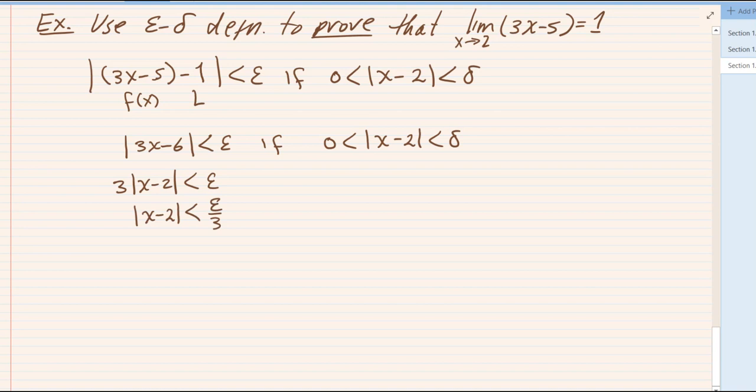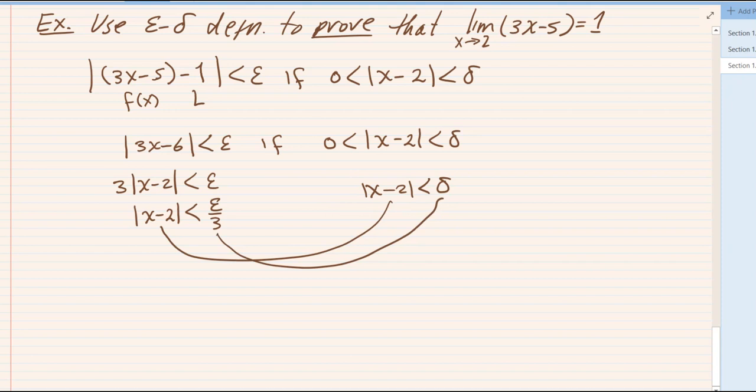Now on the right side we have 0 less than absolute value of x minus 2 less than delta. If you look at these two statements, the left sides of both inequalities are the same, so that means the right sides we could equate together.